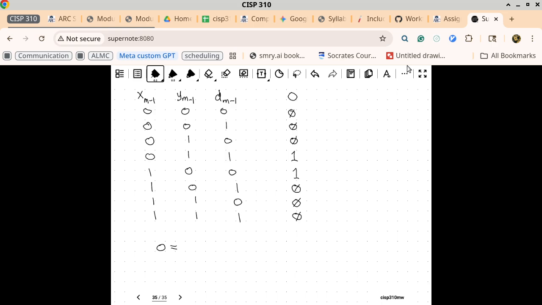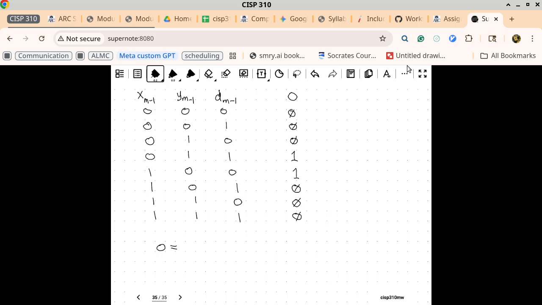Okay, so the trick is, if I want row 4 to be a 1, but only that, given that x m minus 1 is a 0, y m minus 1 is a 1, d m minus 1 is a 1, how should I structure that expression?